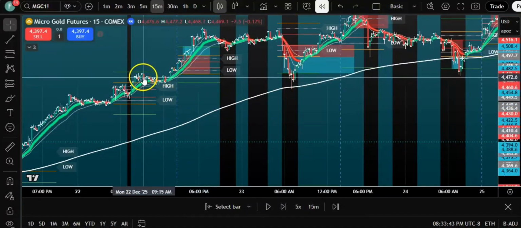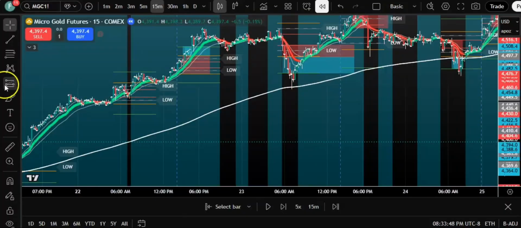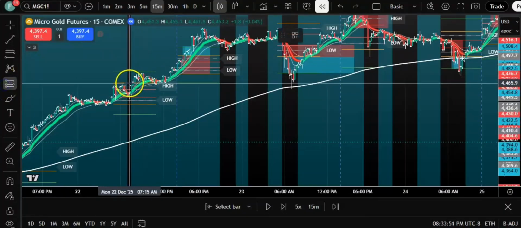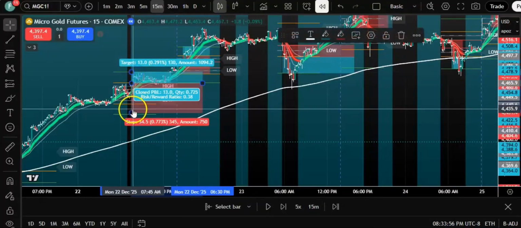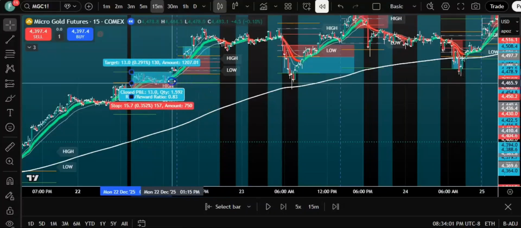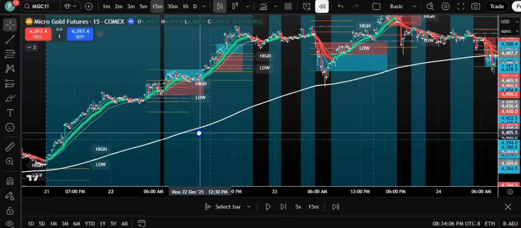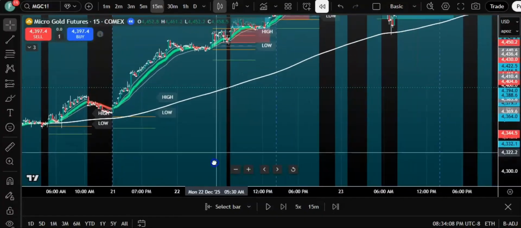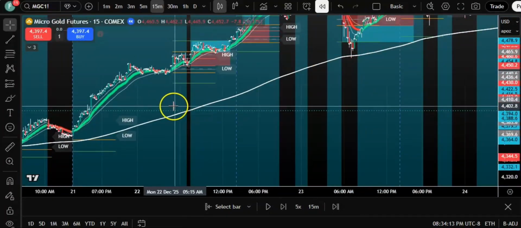Oh yeah, this one hit TP still. Entry was right here. Stop was right there. TP was hit right here. We'll just stop right here. This is Monday, week of Christmas.